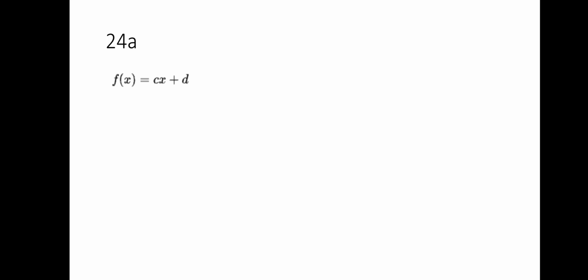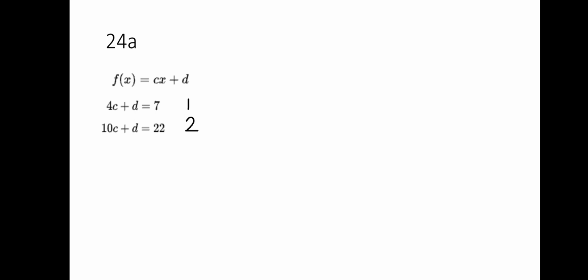So we're given the function of x as cx plus d. We can write two equations, which are a pair of simultaneous equations. When x is 4, the output is 7. So that means substituting x equals 4 in cx plus d, you'd get 4c plus d equals 7.